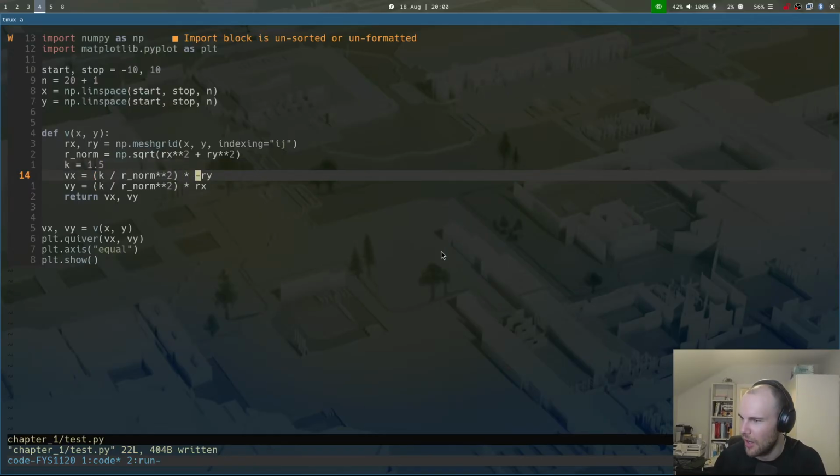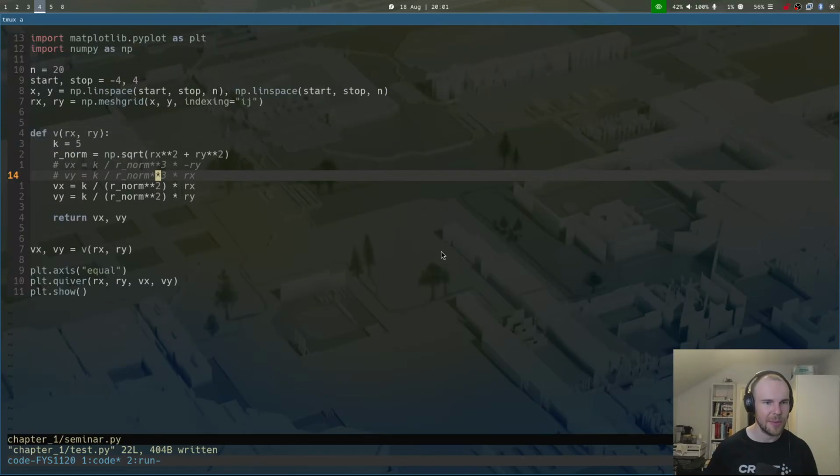Minus ry, that is our idea. It should be correct, shouldn't it? In the x direction I have minus ry, right? What's wrong with that? Then in the y direction I have positive x, right? Let's see what mistake I made.